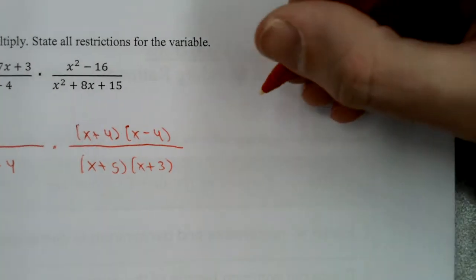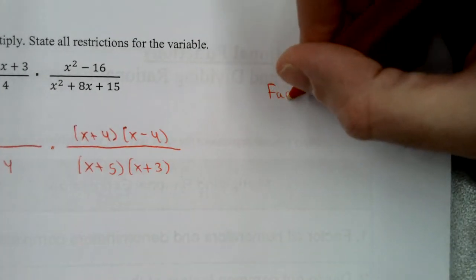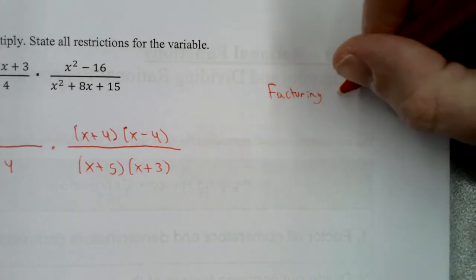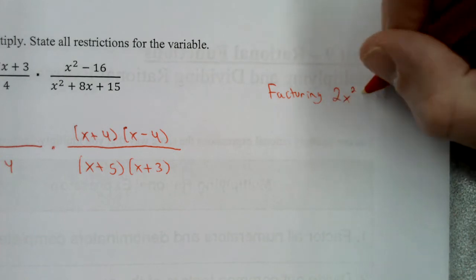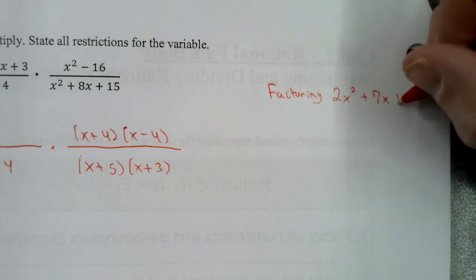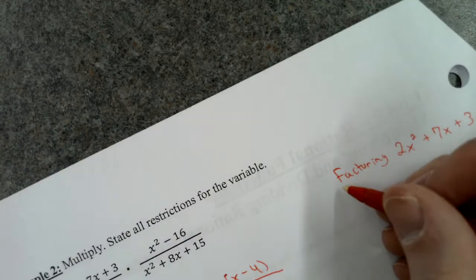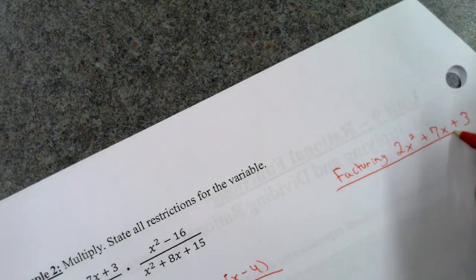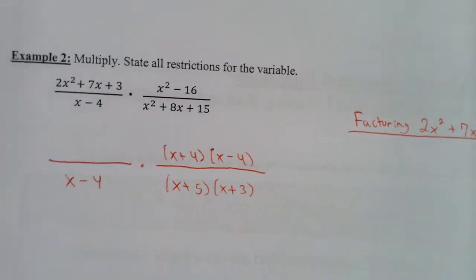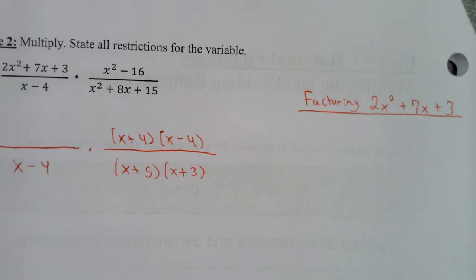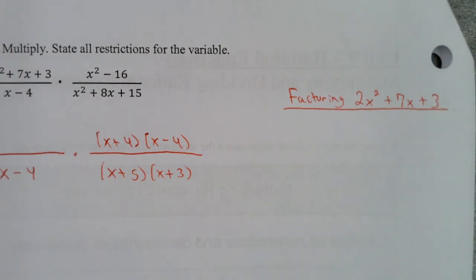So let's do that off to the side. First thing you're going to do when you factor 2x squared plus 7x plus 3, remember, is you're going to do 2 times 3 is 6. Now you need two numbers that multiply to that 6 and add to the 7 in the middle.